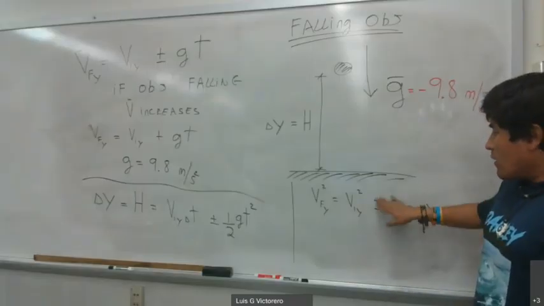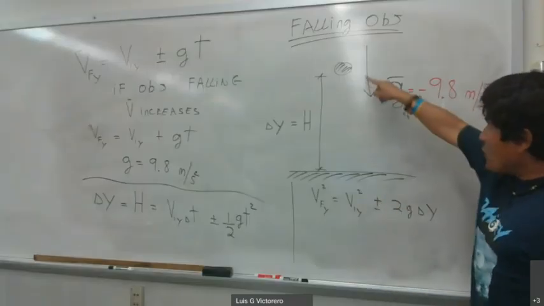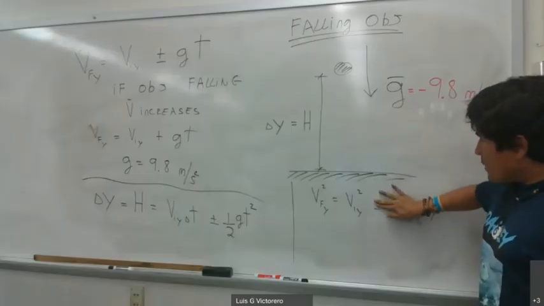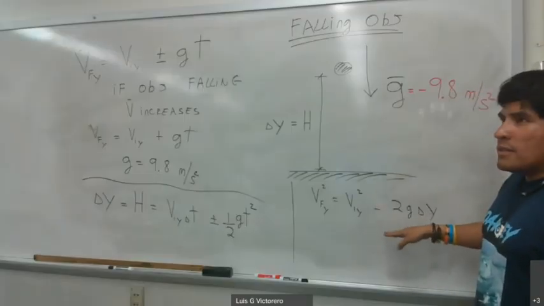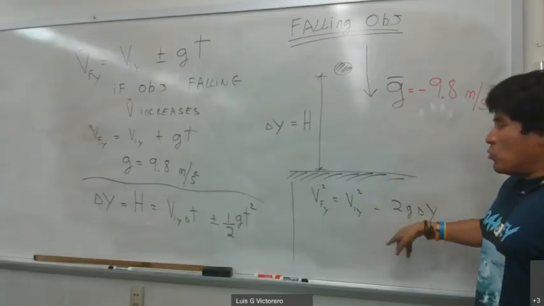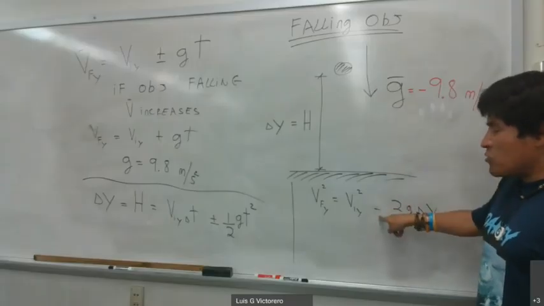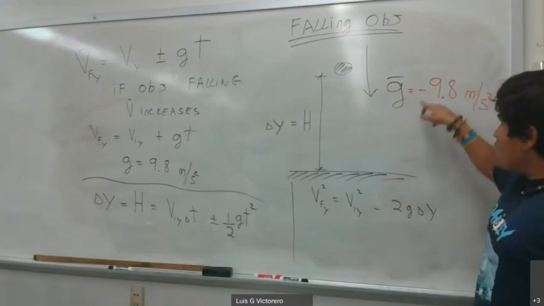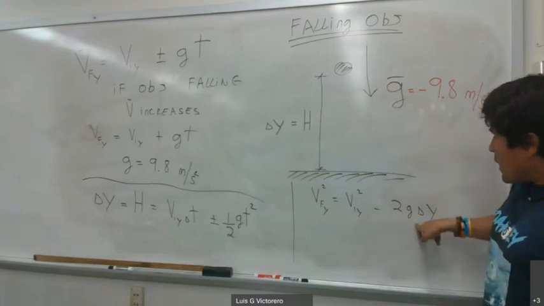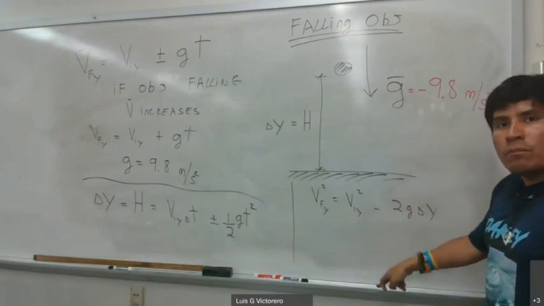You can either, let's say the object is falling, so you just keep that negative, right? But the gravity you use, since for falling objects you're using the vector form, remember that g is negative, so negative and negative becomes a positive.